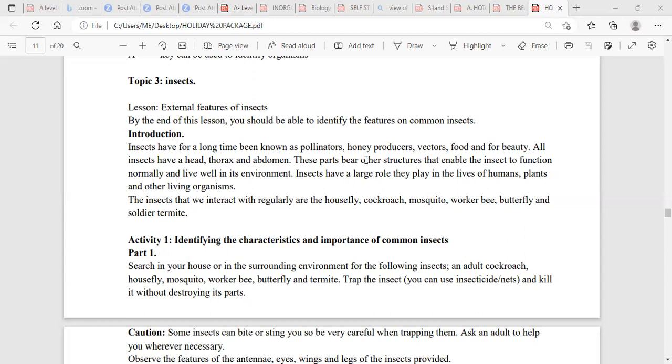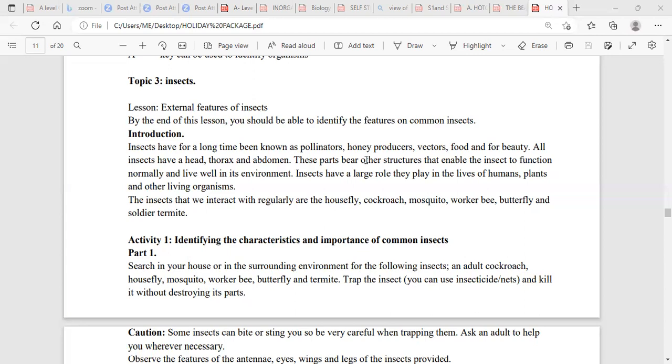We have class Insecta, the insects that we are going to look at today. We have Crustacea, where you will find the crabs. And then we have class Arachnida, where we find the spiders and the ticks.